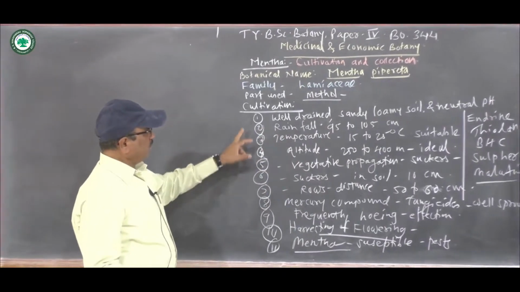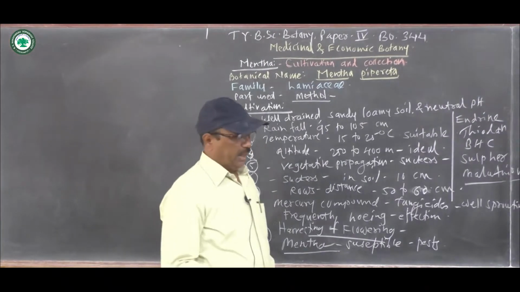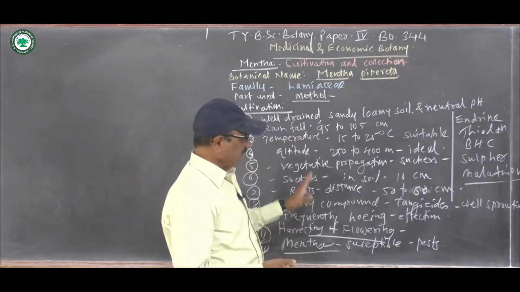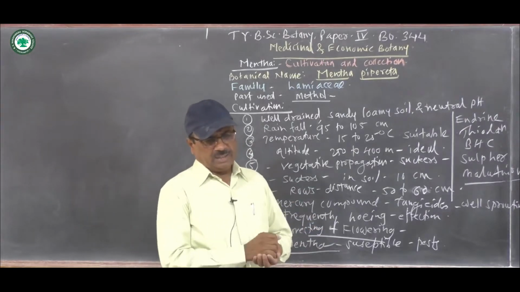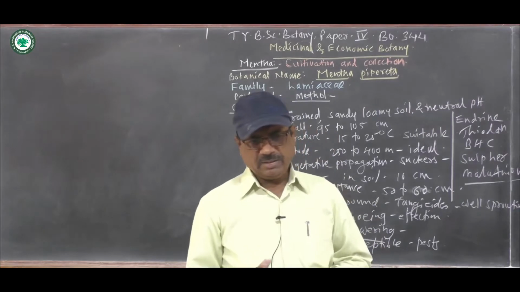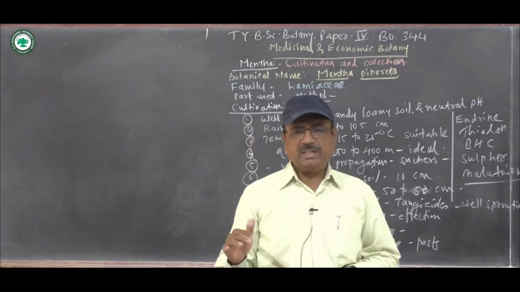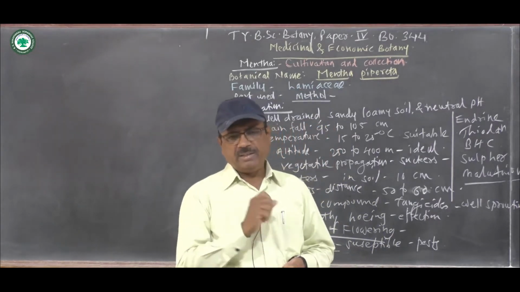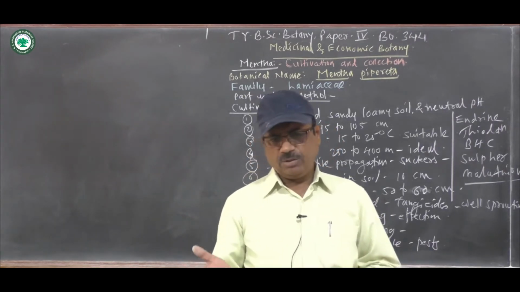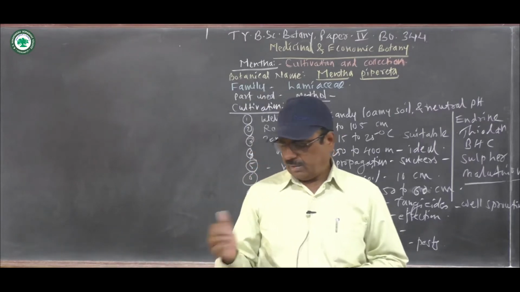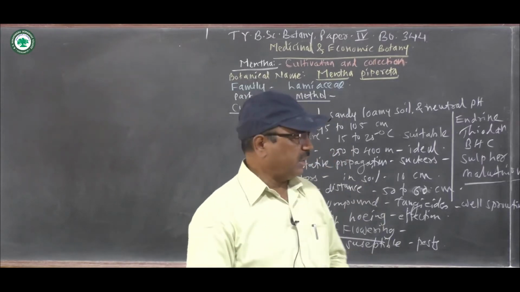So thus here, this is about the cultivation of the Mentha crop and its collection. As I told you, when the plant grows to a flowering stage, at that time the tops of the plant are cut off, they are collected, and then later on by steam distillation, the menthol oil is extracted, which is the volatile oil, and it is used during different types of diseases.